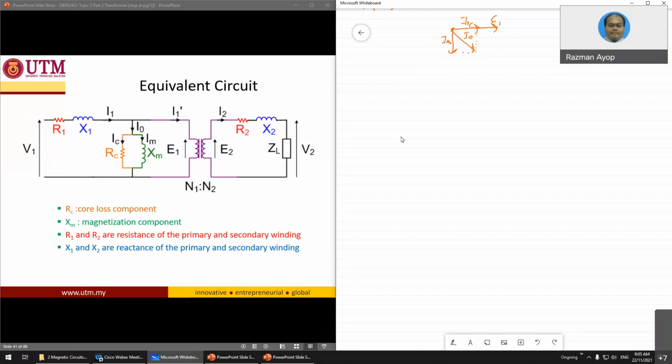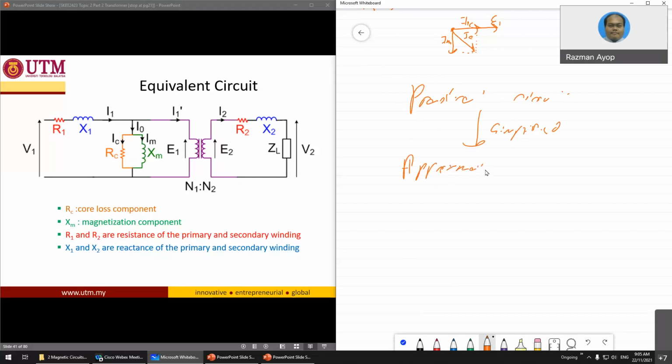So how to solve this? This is the practical circuit, and then you want to simplify it. It becomes an approximate model.